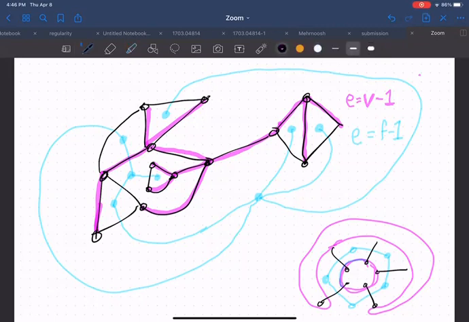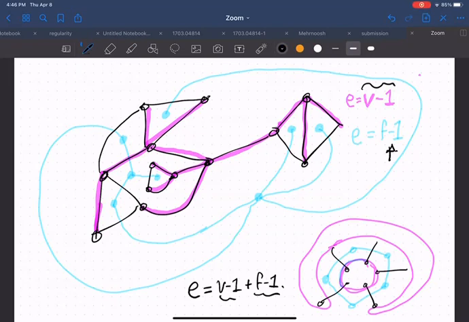Now, the actual number of edges in the original graph, E, well, that's this number plus this number. Why is that? Well, because every edge in the original graph is either a purple edge in the purple tree, or it's crossed by an edge in the blue tree.